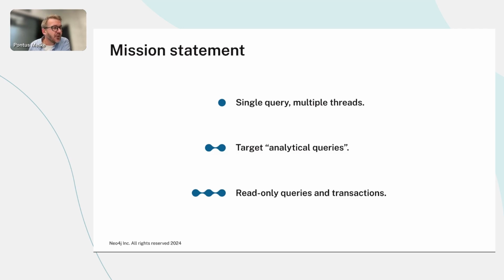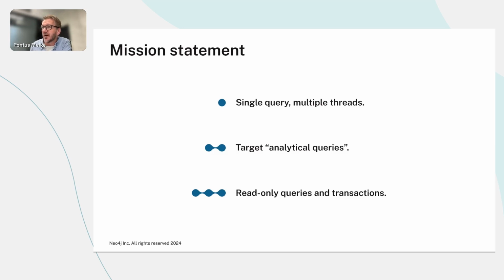But if the scenario you're looking at is different, and you have one single query and a big server with an abundance of CPUs, then historically and traditionally, by default, Neo4j will only use one thread for that query, and all of the other CPUs will just sit idly waiting for something to do. So the parallel runtime is trying to bridge this gap by having one query running on multiple threads.